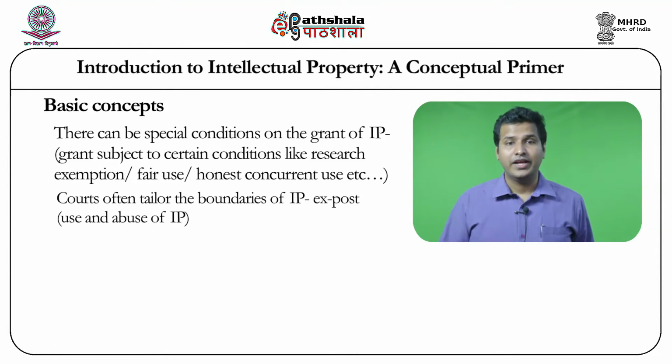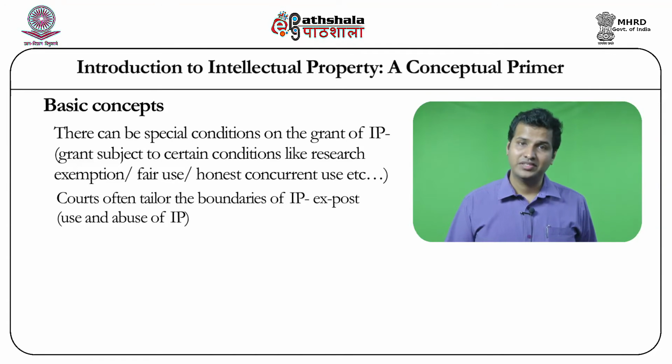Courts also determine the boundaries of intellectual property. So even if a property right is validly granted, for example a patent has been granted, it does not ultimately mean that the particular boundary of the patent is clear.